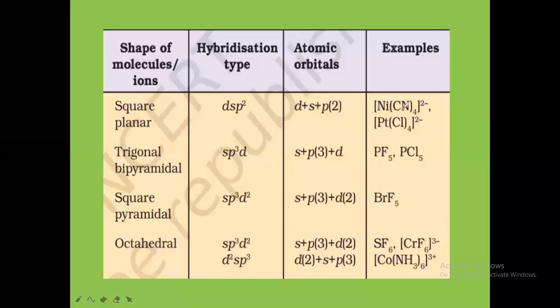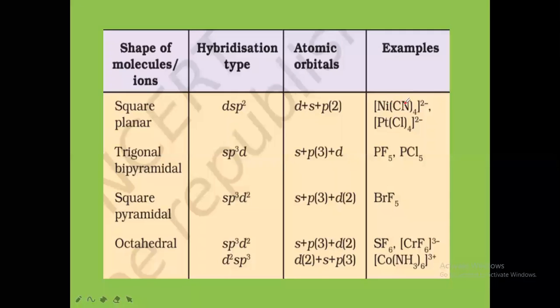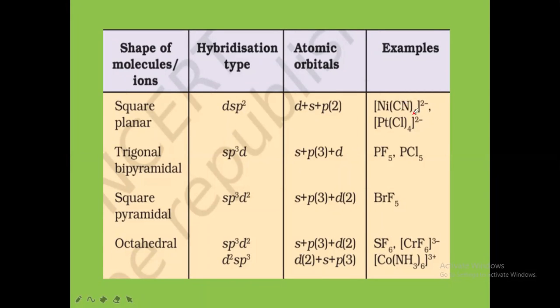Nickel tetracyanide, Ni(CN)4 2-. But don't confuse it with Ni(CO)4, which has zero charge. Ni(CO)4 is nickel tetracarbonyl, where the CO group is the carbonyl group.